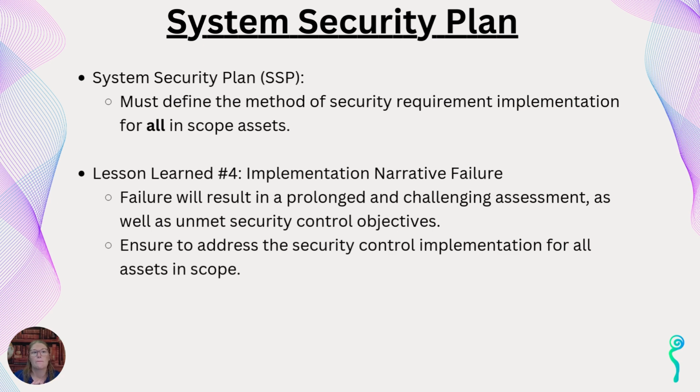What I've seen pretty commonly is that an organization will have a system security plan that appears to be well written, but as you start digging into each control requirement and reading the implementation narrative, it is lacking in defining how that control requirement is implemented in all in-scope assets and all IT products.